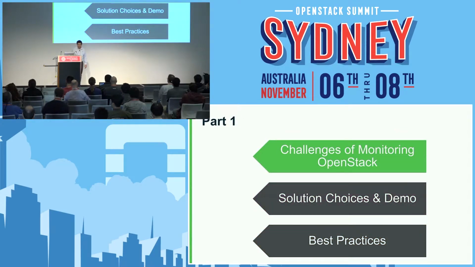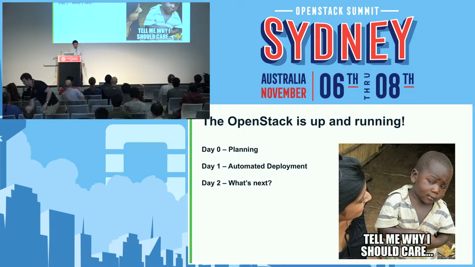Let me talk about why first. People may ask: I spent days, weeks, or even months setting up, planning, and deploying OpenStack, so everything should be working perfectly. You move the workload into the cloud and think the job is done.